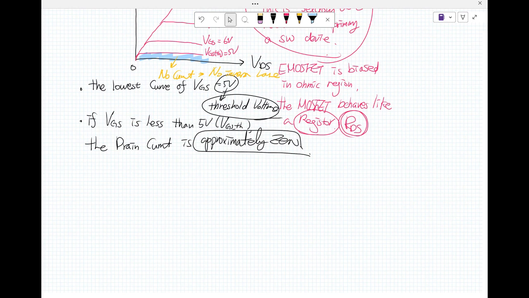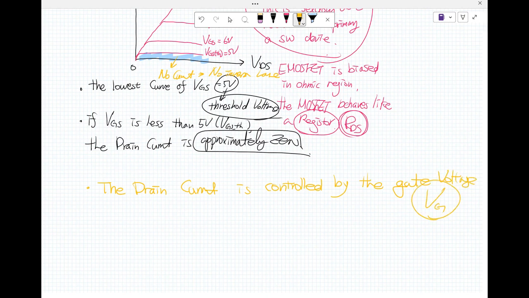So that means the drain current is controlled by the gate voltage. Okay. All right.